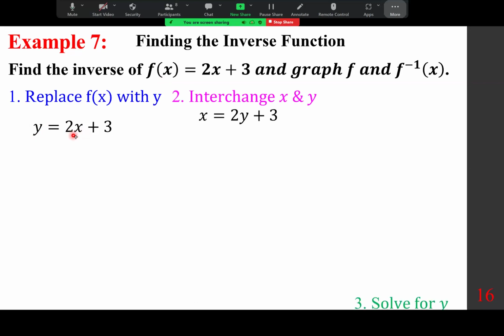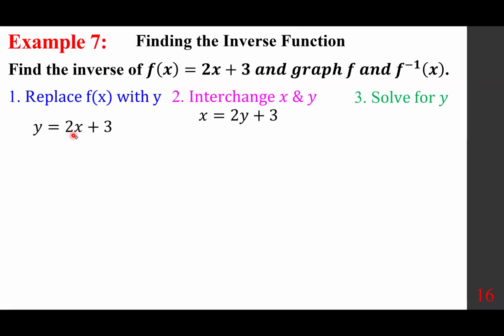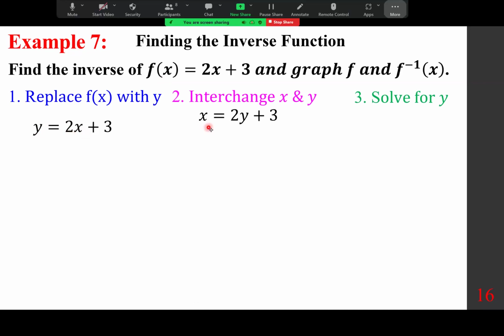And number 3, we want to solve for y. That means we are going to move the 3, we make it x minus 3. And now we're going to divide both sides by 2. So y becomes half of the right side. Y becomes half of x minus 3.